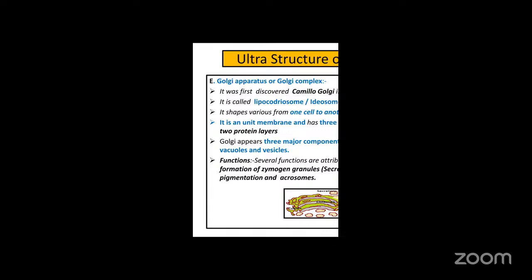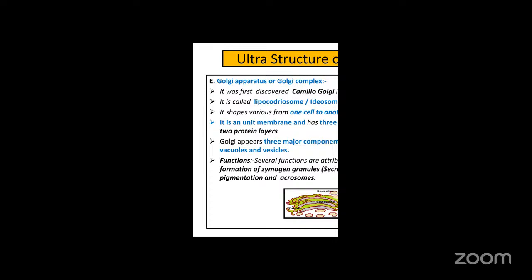If you see the structure of a sperm, near the head of the sperm, you have an acrosome. Through this acrosome, the sperm will be able to penetrate the egg. That acrosome is formed by this Golgi apparatus. So the function of the Golgi apparatus is very important.